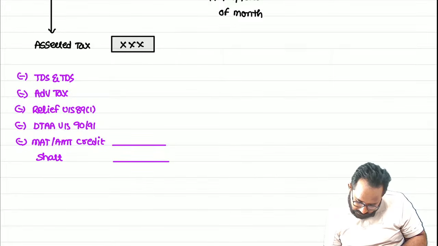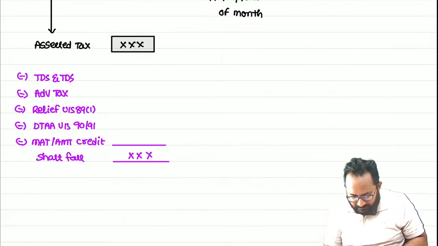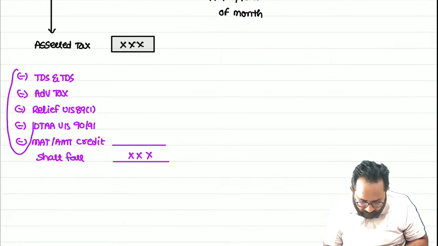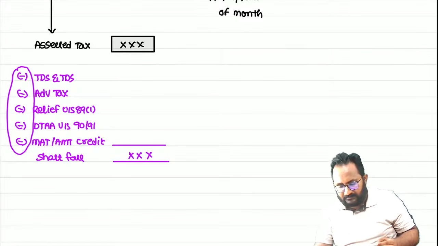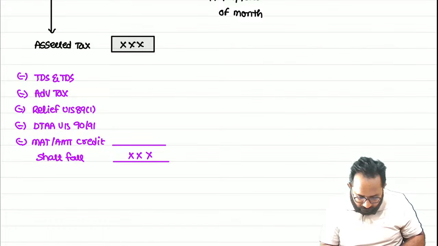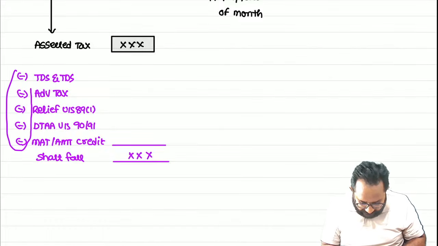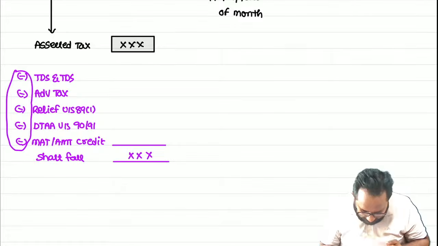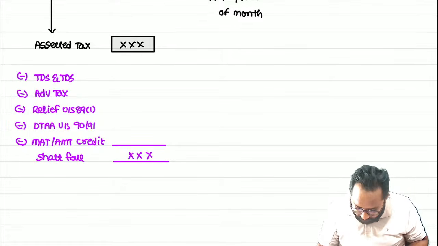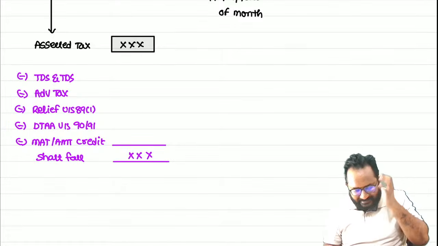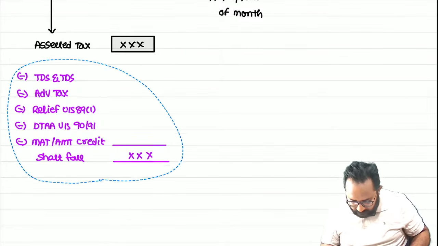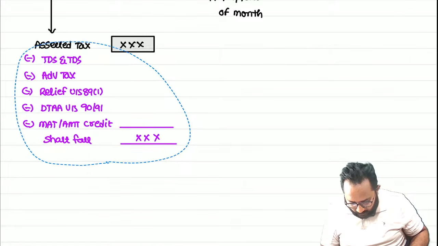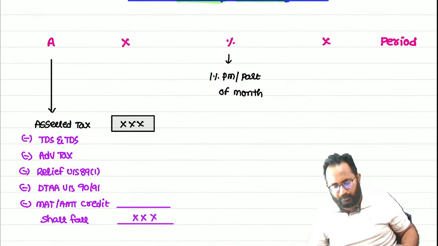Sir, why are we removing these credits here? Any idea? Because these types of taxes we already paid in the previous year itself, or these are reliefs we got. Reliefs means nothing but no need to pay these amounts of taxes.